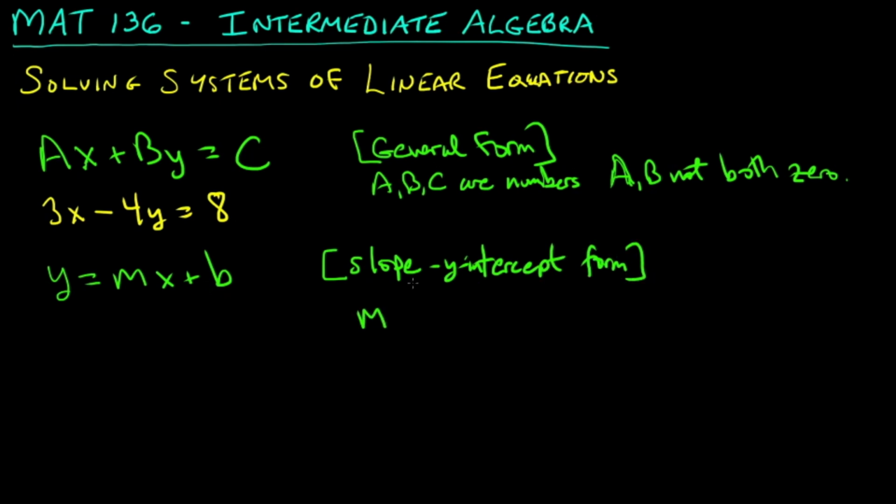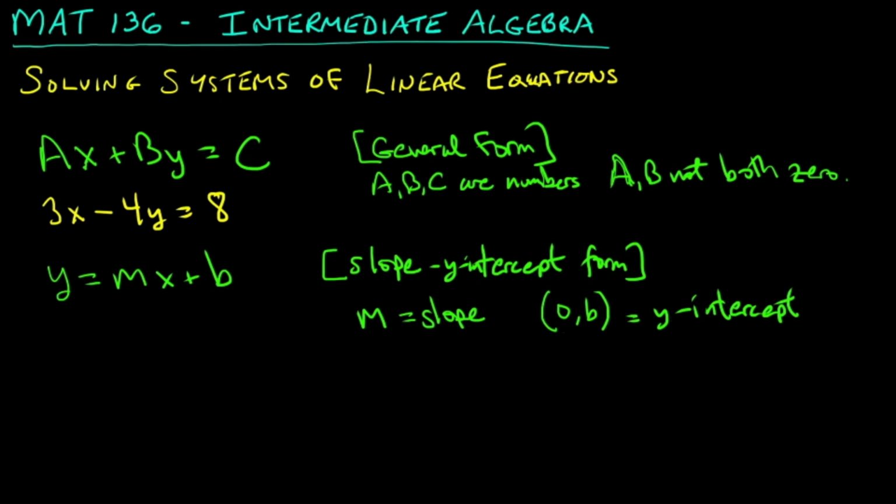Here m is a number, it's just the slope, the usual rise over run, so we're not going to get into that. And b is the y-intercept, or specifically the point (0, b) is the y-intercept. If you were to graph this line, it's where the line crosses the y-axis.